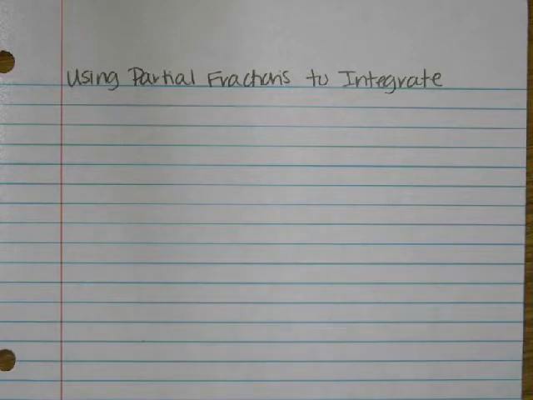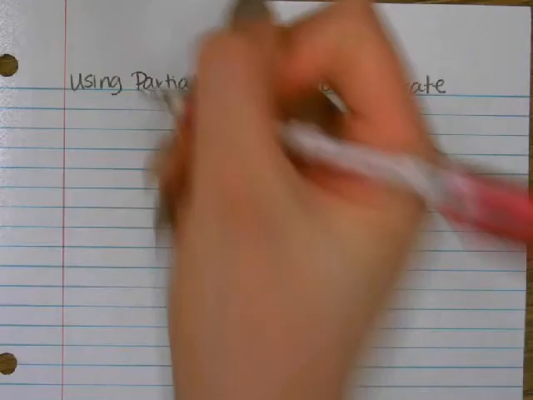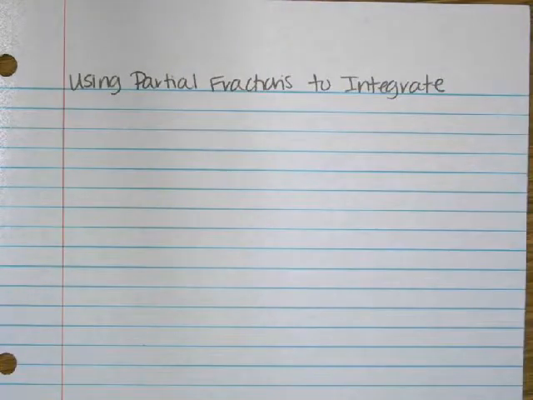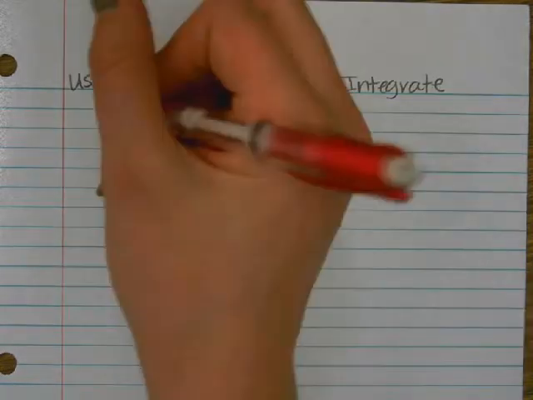When we're talking about algebra, we're talking about rational functions that are fractions. And so if we're using partial fractions, we first want to know what partial fractions are. A partial fraction is a rational function that you are decomposing. You're splitting it apart. Essentially what you're doing is you are undoing the common denominator. You're splitting it into what it could have been before you got a common denominator in the problem.